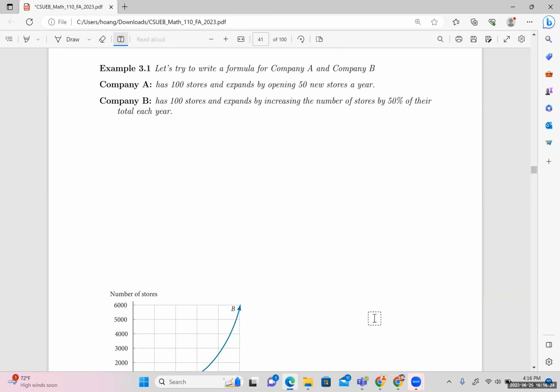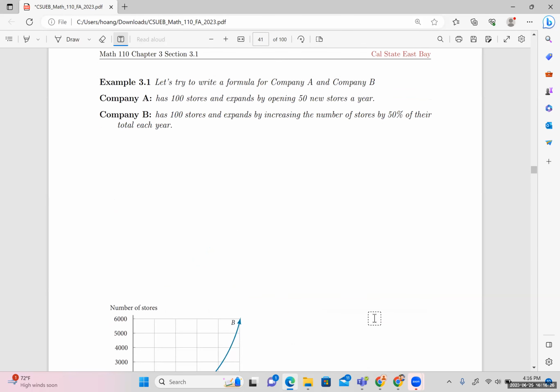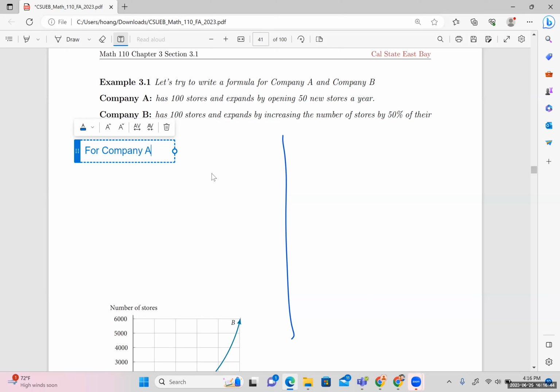Maybe I'm gonna split this in half like this. Okay, and say for company A, let me use smaller.